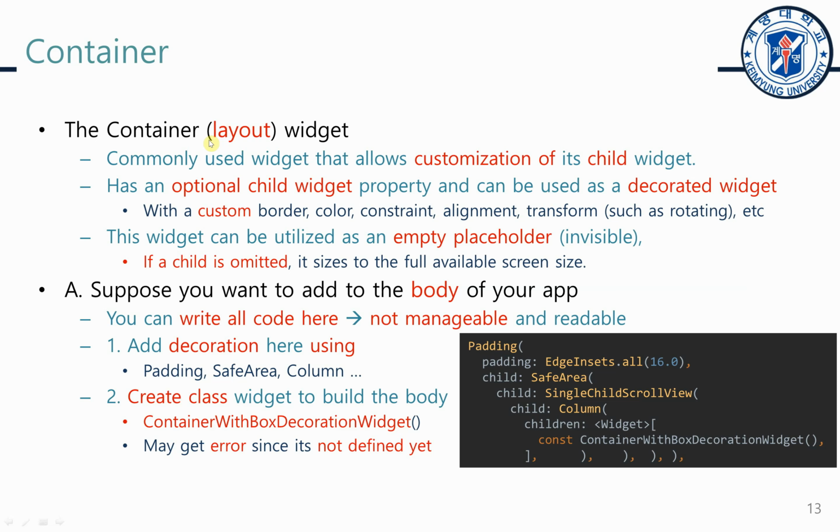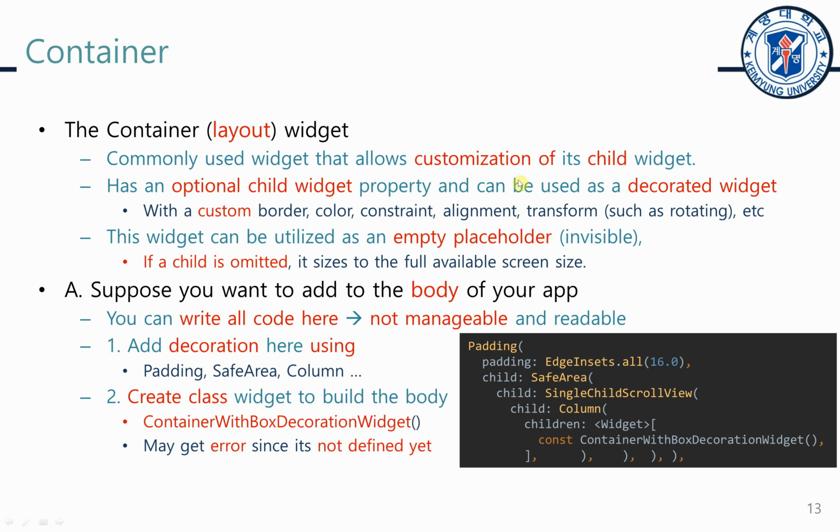The container widget is used to customize the child widget. As you can see, customize the child widget, not customize itself. It has lots of properties, it can have an optional child widget, and we can use the decoration widget to decorate. So we can customize the border, the color, the constraint, the alignment, and other things as well.